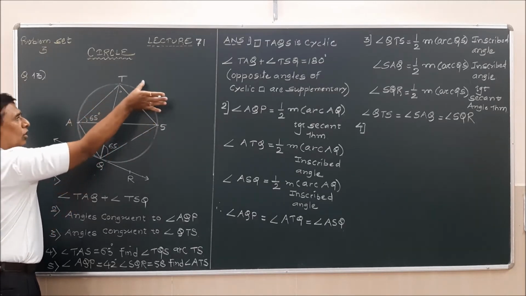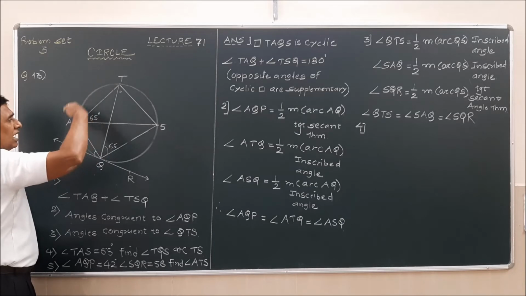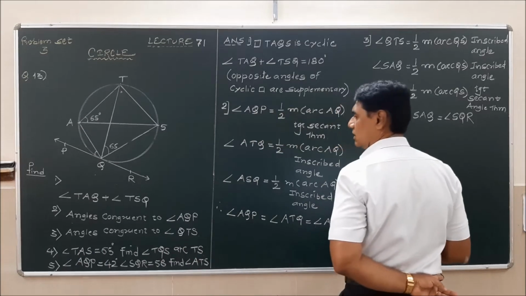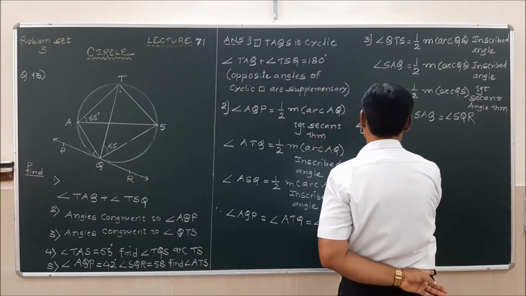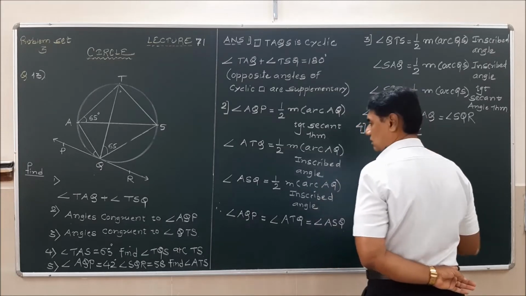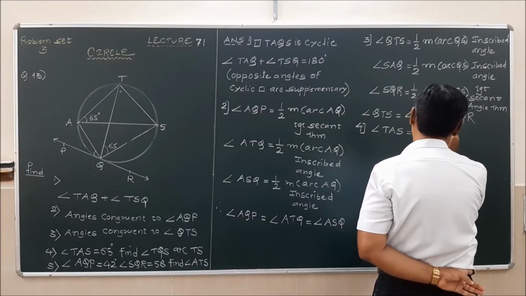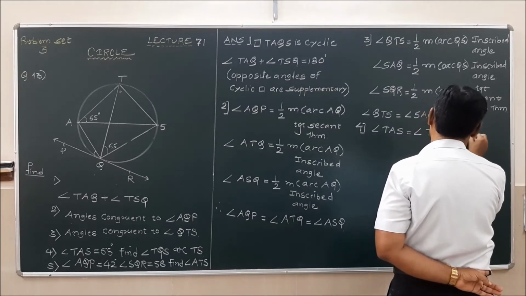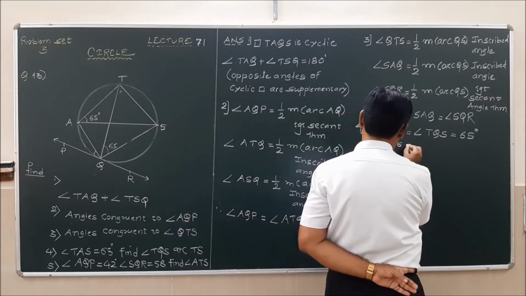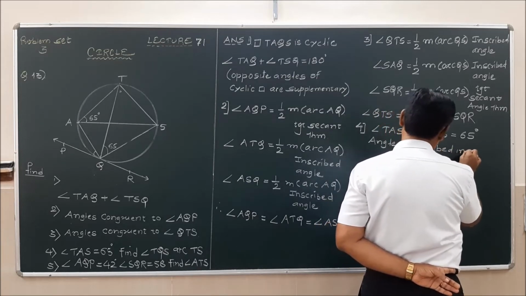Both of them are called as angles inscribed in the same arc. So here we write angle TAS is equal to angle TQS, that is equal to 65. Angles inscribed in the same arc.